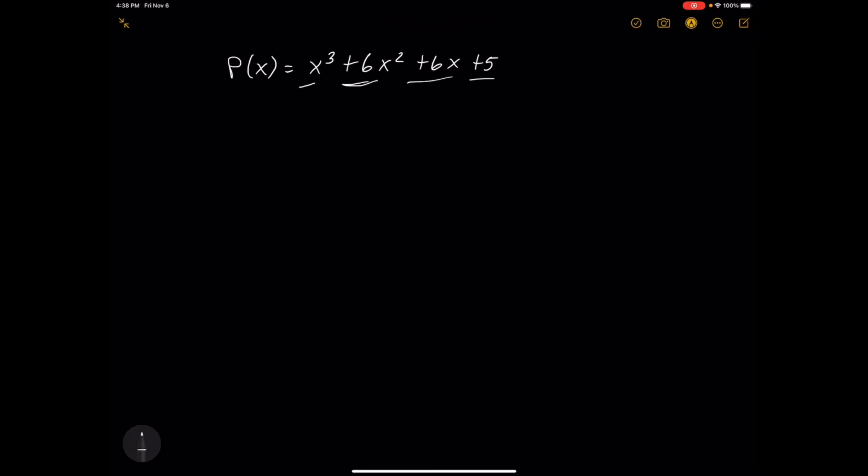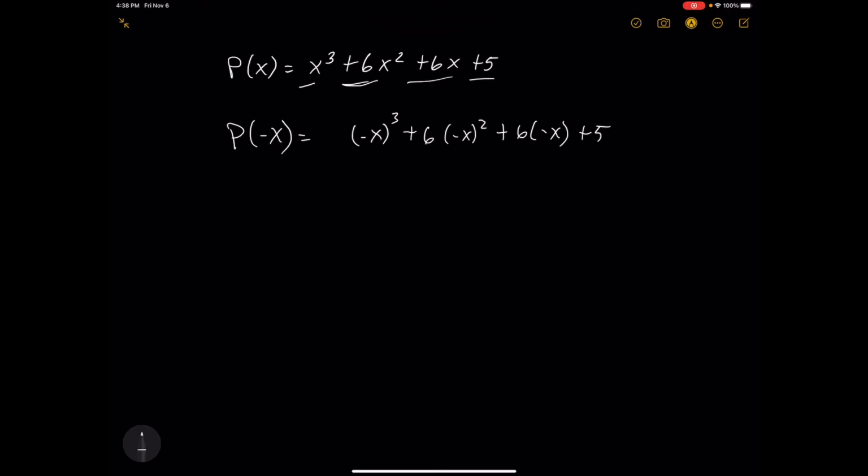So then the next part is seeing, okay, well, what about negative zeros? The way that we'll do that is we plug in negative x and look at what happens with our sign changes after we do that. So we've got negative x cubed plus 6 times negative x squared plus 6 times negative x plus 5, okay?